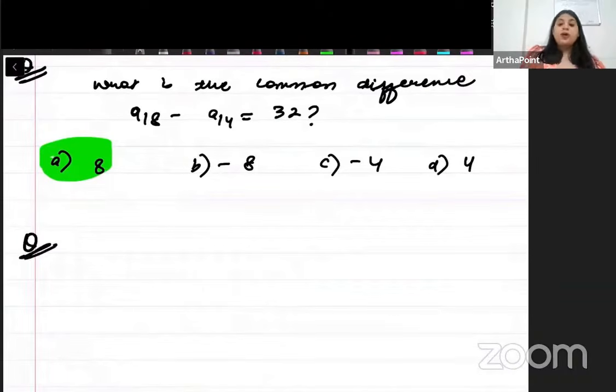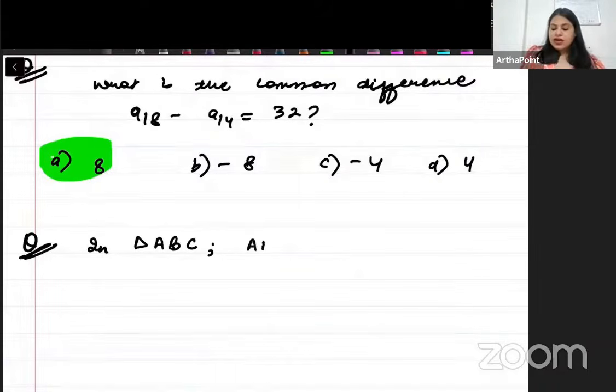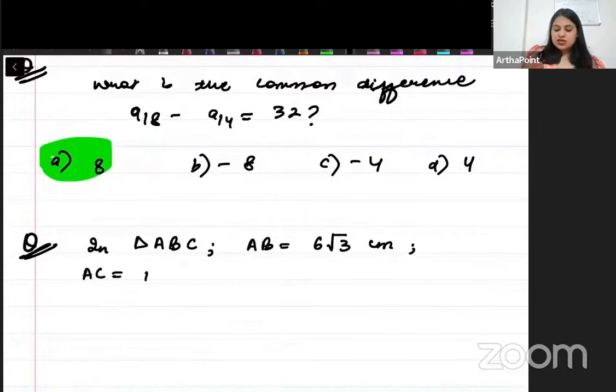And let us see how well we perform with these questions. Okay. So I am saying the following. In triangle ABC, AB is 6√3 centimeter, AC is 12 centimeter, BC is 6 centimeter.